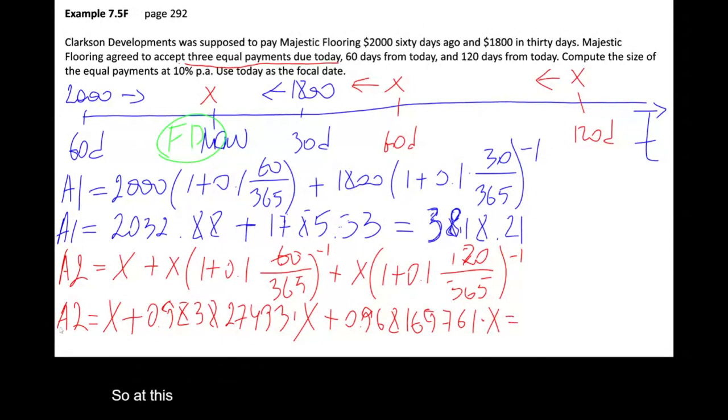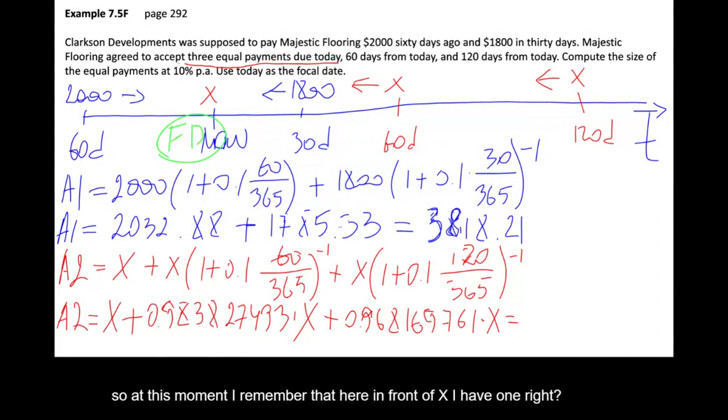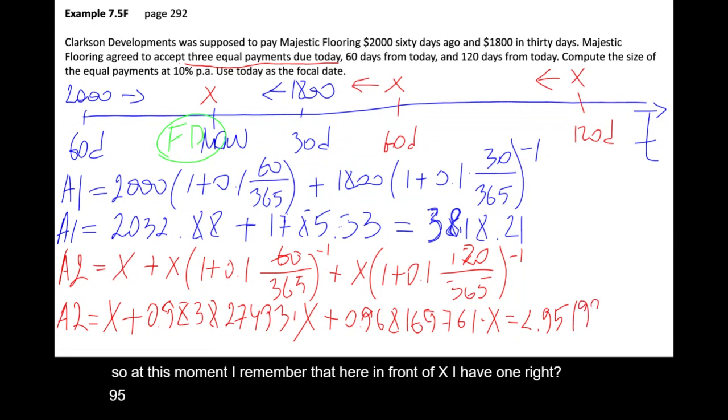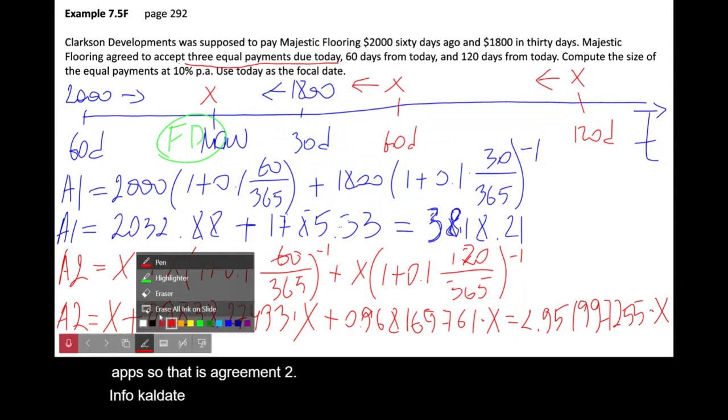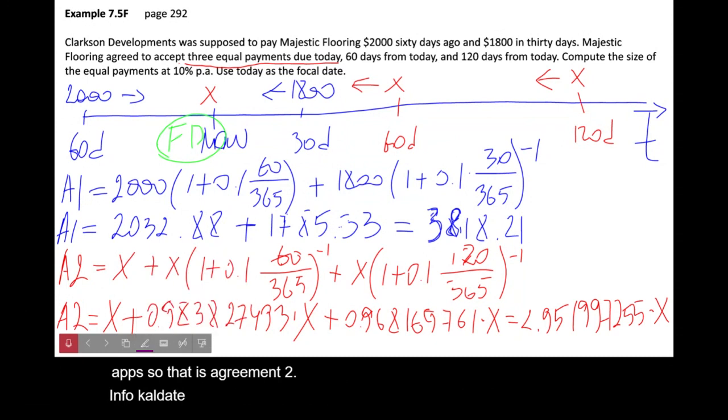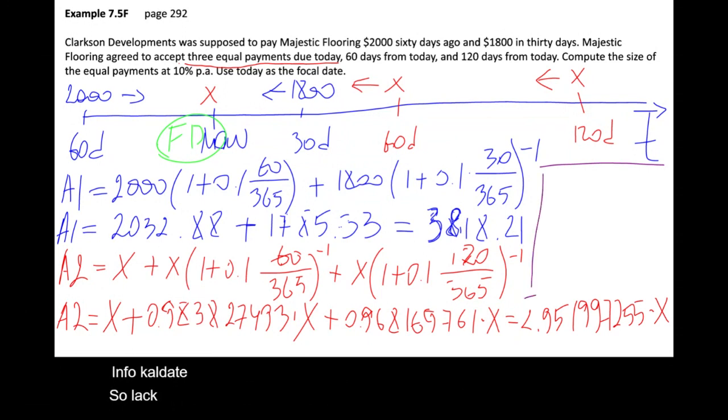So at this moment, I remember that here in front of x, I have 1, right? 95, 199, 7255x. So that is agreement 2 in focal date. So for lack of space, I put it here.